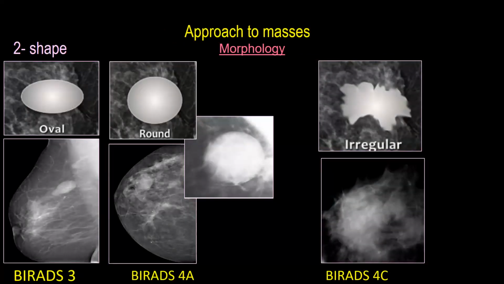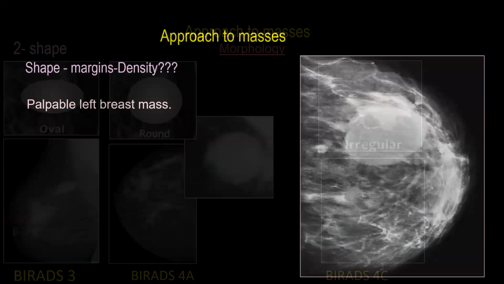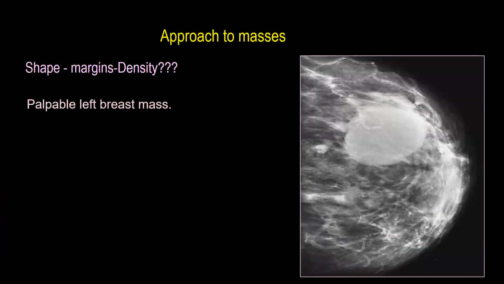We can go through the example. What about this one? Shape, margin, and density. High density. The density is high. The shape is oval.